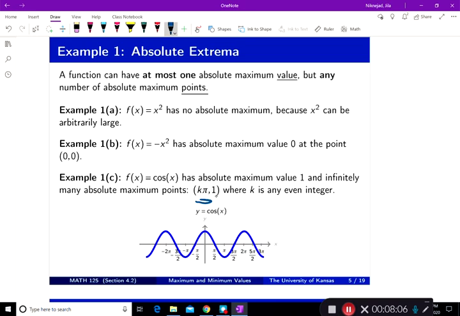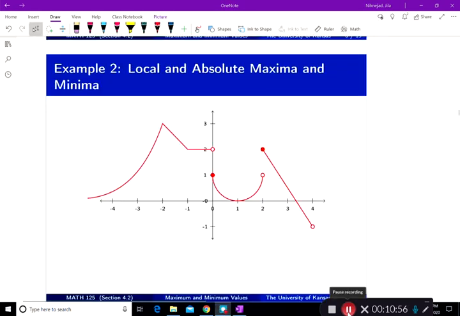But the y value is always 1 because the maximum value for a cosine is always 1, and that's what we mean over here. There could be infinitely many points.